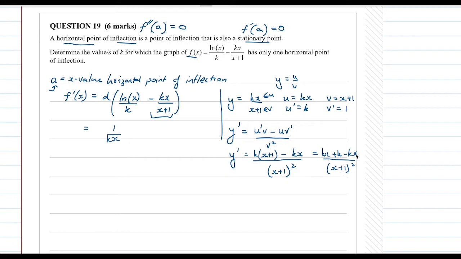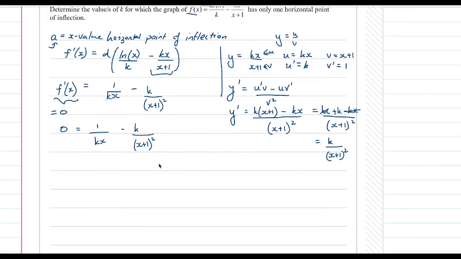And kx minus kx will just cancel, and it will end up equaling k over x plus 1 squared. So we can now write that back in. This is f dash of x, and when x is a stationary point, this will equal 0. Now, this is our first equation.